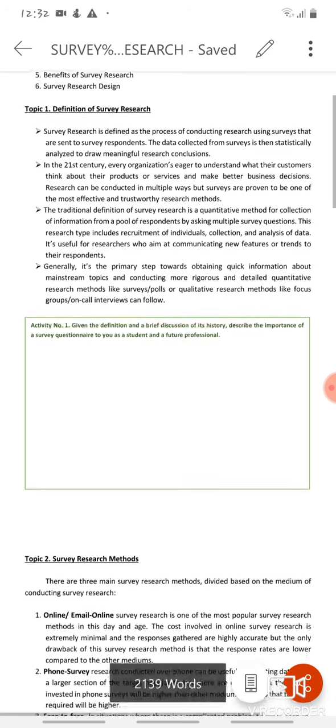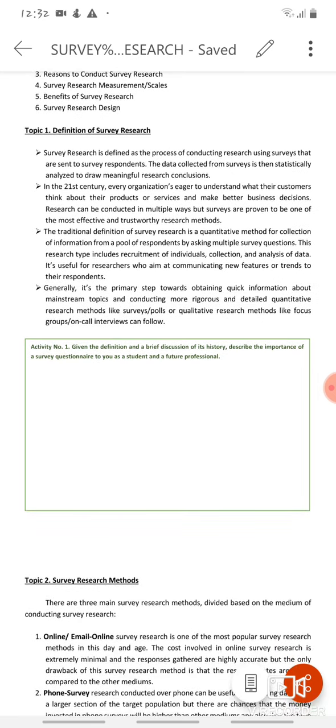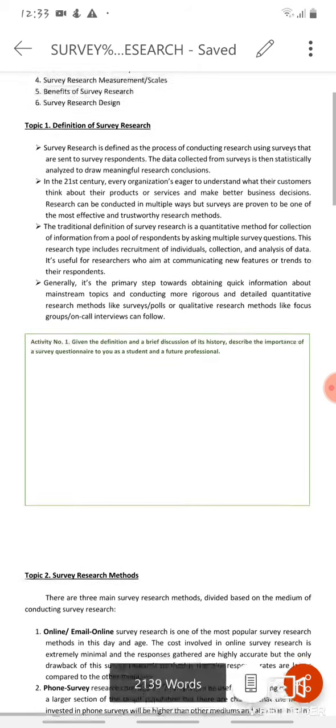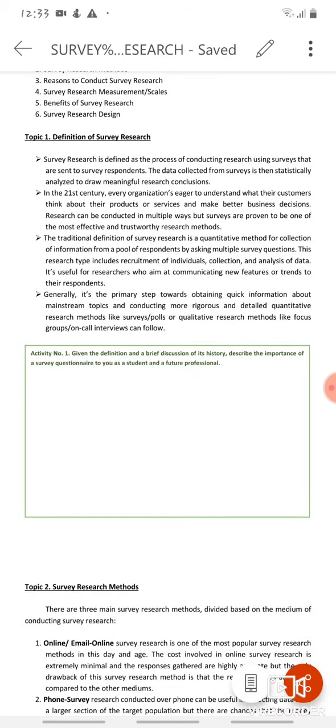The history of survey research is just like the history of assessment or giving of test examinations. It started when businessmen wanted to know feedback or the opinions of people with regard to their products. That's why they opted to use survey research.